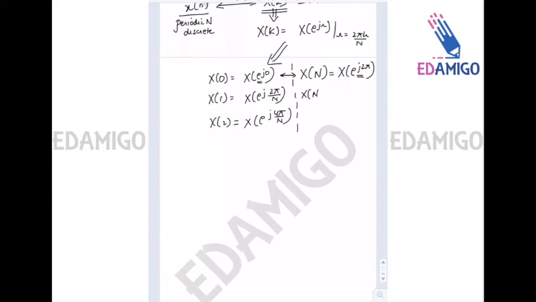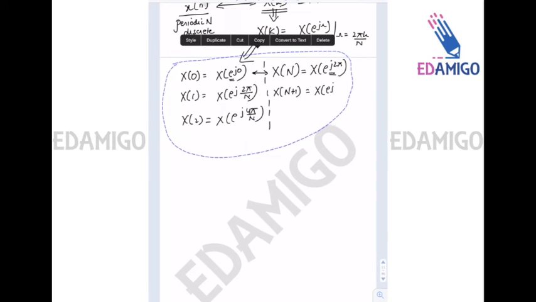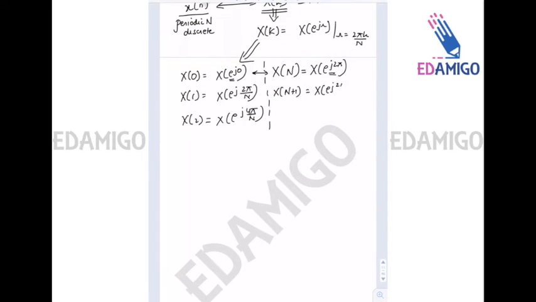Similarly, X[N+1] is equal to X(e^{j(2π/N)(N+1)}), which will be equal to e^{j2π} multiplied by e^{j2π/N}. Now e^{j2π} is equal to 1, so it is equal to 1 multiplied by e^{j2π/N}.